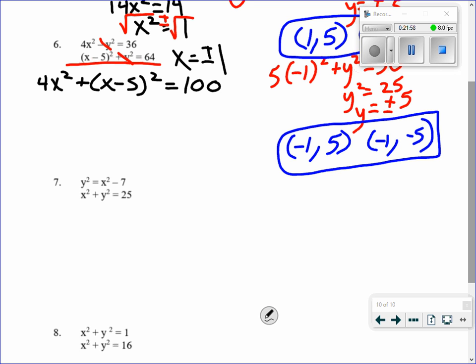So simplifying from here, remember we're going to have to expand out that x minus 5. Write it out 2 times to FOIL it through, or remember you can still use that square, double square trick. So if you square your first term, double the 2, so you have 10x minus 10x, and then square your last term for 25.